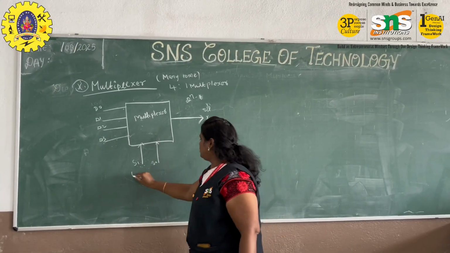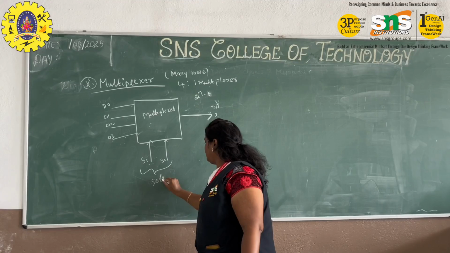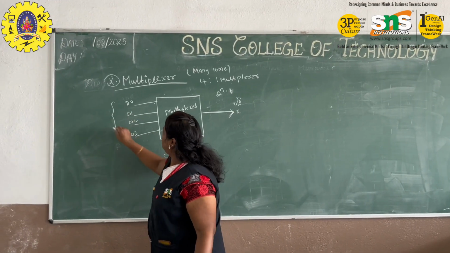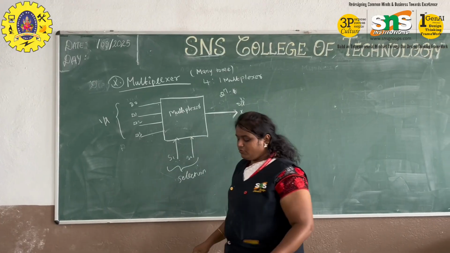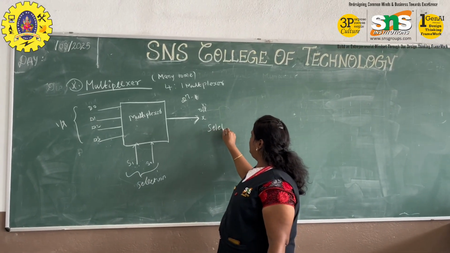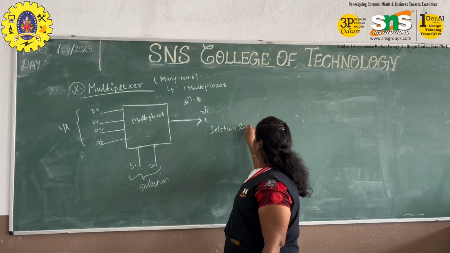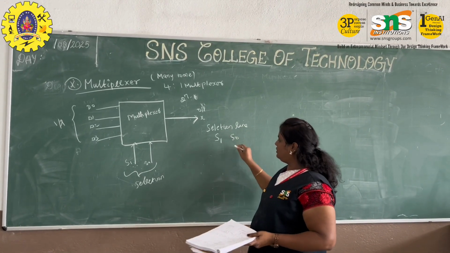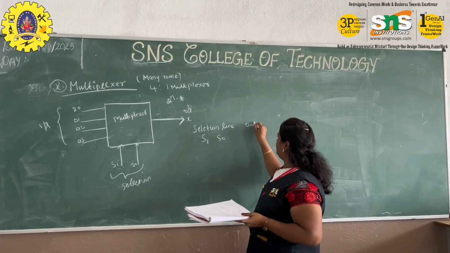So this is called the selection line, and this is the output and this is the input. Now we will see the truth table. We know very well the selection lines are S1 and S0, and the output is 1.